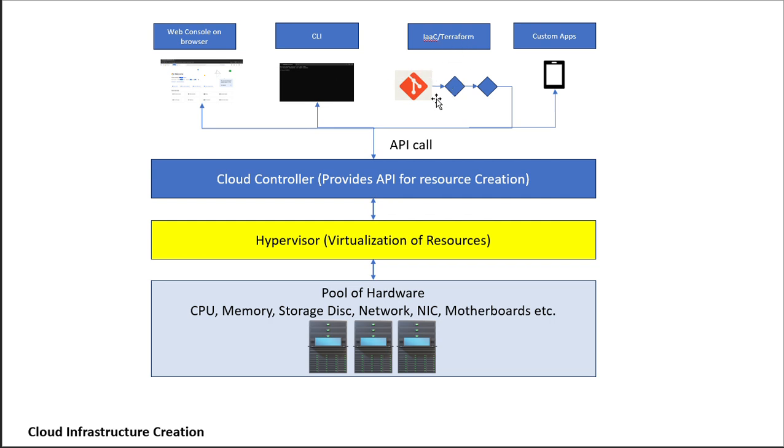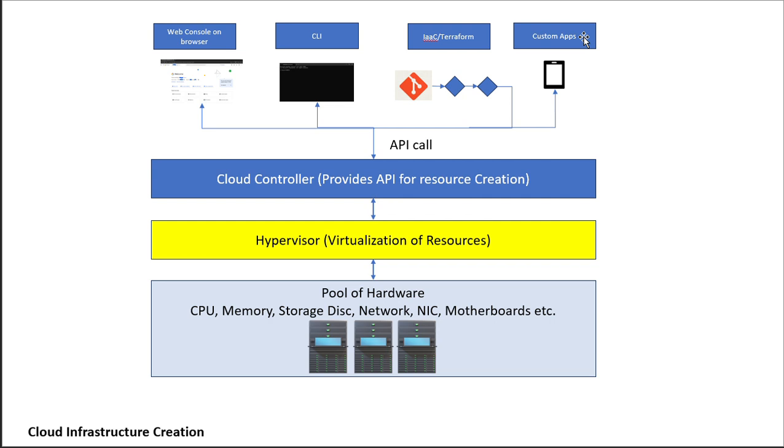Infrastructure as code helps to maintain uniformity of the infrastructure and ensures the state and configuration of the server are the same as intended. You can opt for infrastructure as code tools like Terraform, where you define the resources in a declarative way and the resources are created by a pipeline, which follows the same track of calling the cloud controller API, and that API then connects with the hypervisor to provision those resources.